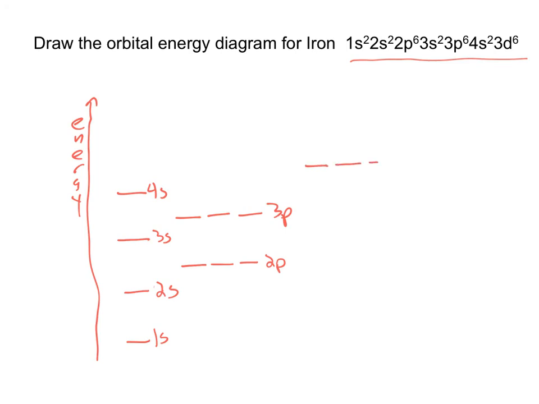And there'll be 5 d orbitals. Alright, so until I get to the 3d's, everything's going to be full. All the orbitals will have 2 electrons, putting them in with opposite spins.